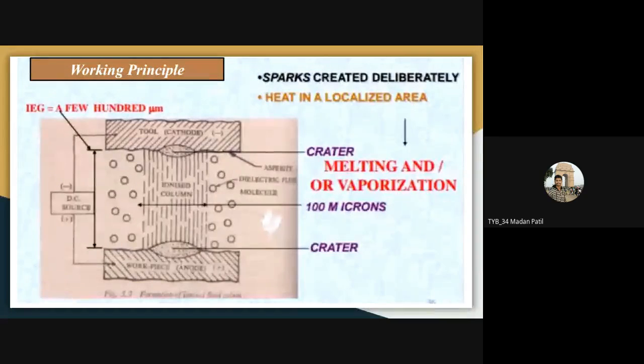established there. In that channel, you can see there is a continuous flow of a considerable number of electrons toward the anode, and of ions toward the cathode. So their kinetic energy is converted into heat energy. Correct?